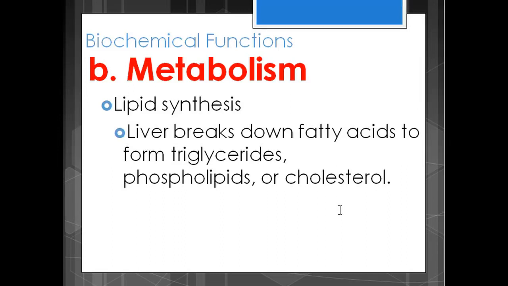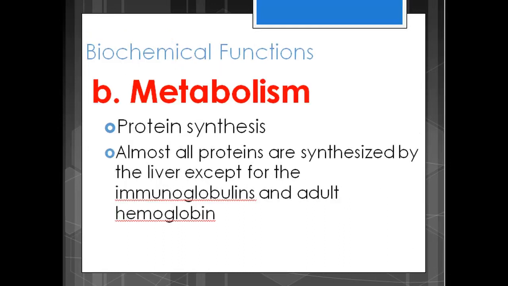So mostly the cholesterol that is present in our body is made by the liver. So third, protein synthesis. Almost all proteins are synthesized by the liver except for the immunoglobulins and the adult hemoglobin. So question, what cell synthesizes your immunoglobulin?